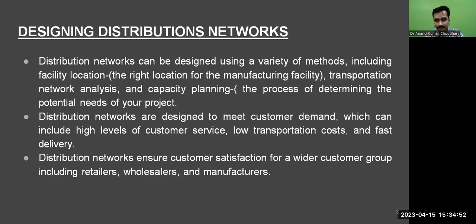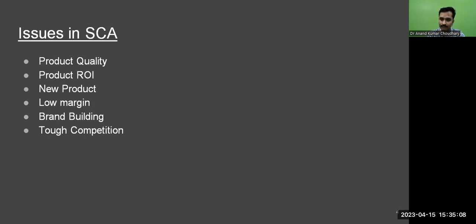Distribution network ensures customer satisfaction for a wider customer group, including the retailers, wholesalers, and manufacturers. So these are the players which we have to know in a very good way, so that the network can be created and our product can be placed in that way, and you can easily promote your product to the target audience or the customers.